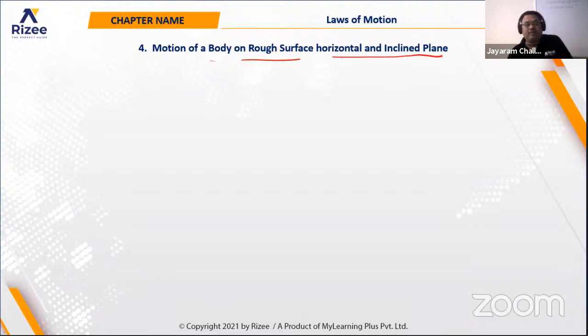How is the body moving on the horizontal surface or on the inclined plane? On a rough surface, friction will definitely be there. In this case, I need an applied force on this one.